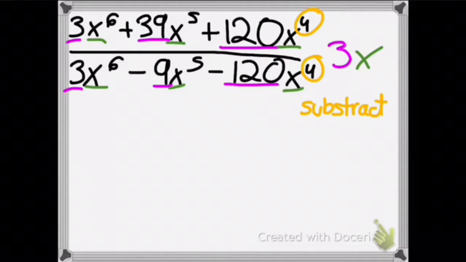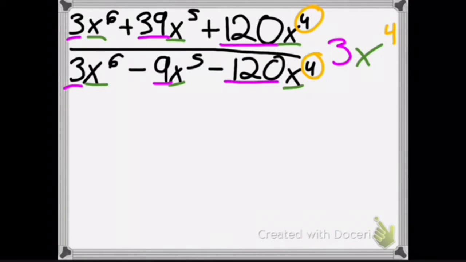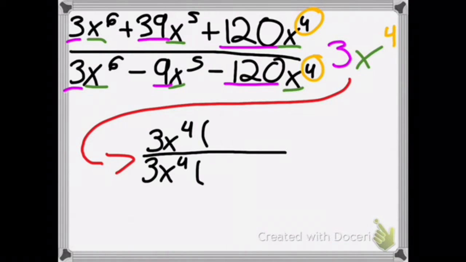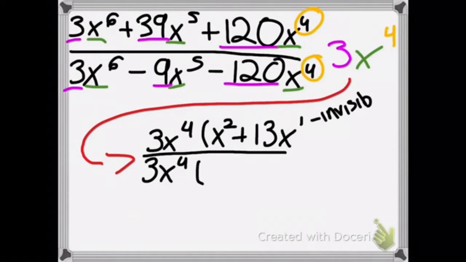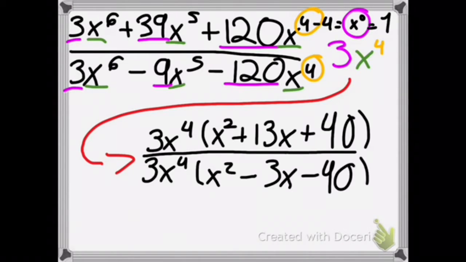The smallest exponent is 4, so our monomial is 3x elevated to the 4th. Now let's substitute. Remember that if the result is 1, it's invisible. Also remember the rule that if an exponent is 0, the answer is 1. This is our result. We just need to cancel and that's it, right?